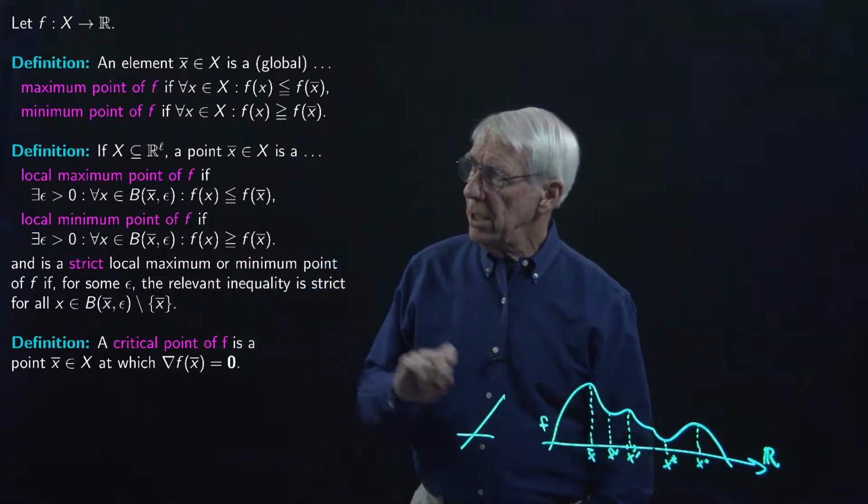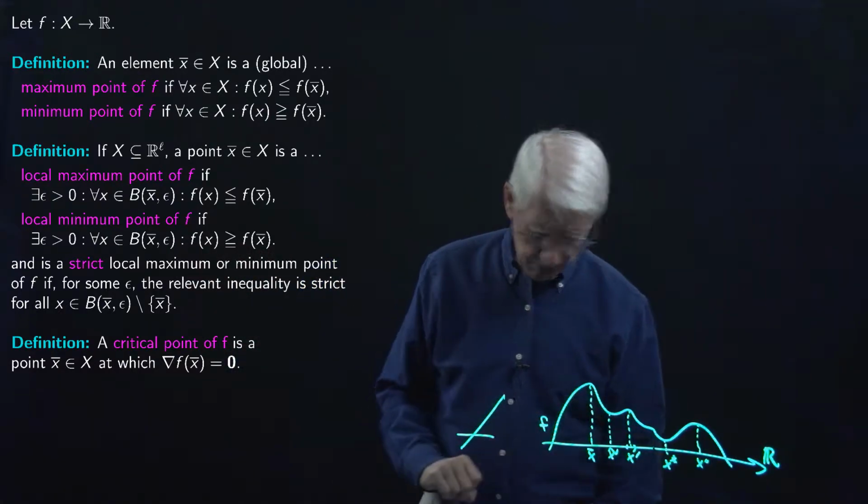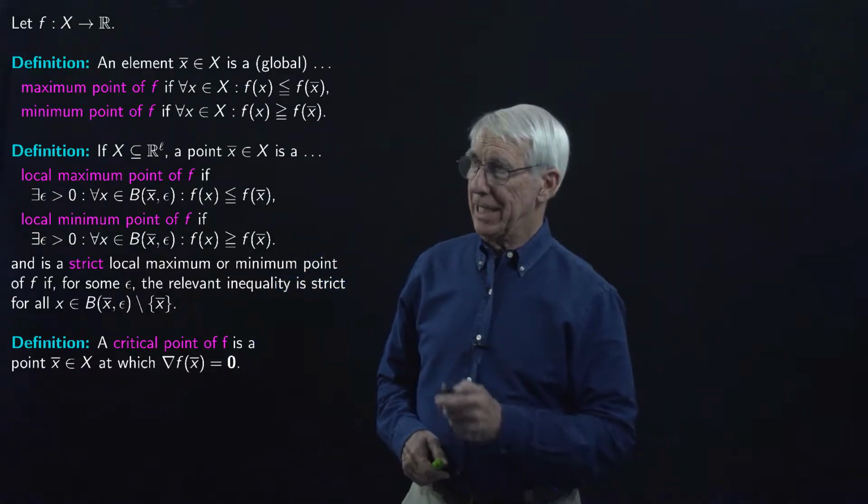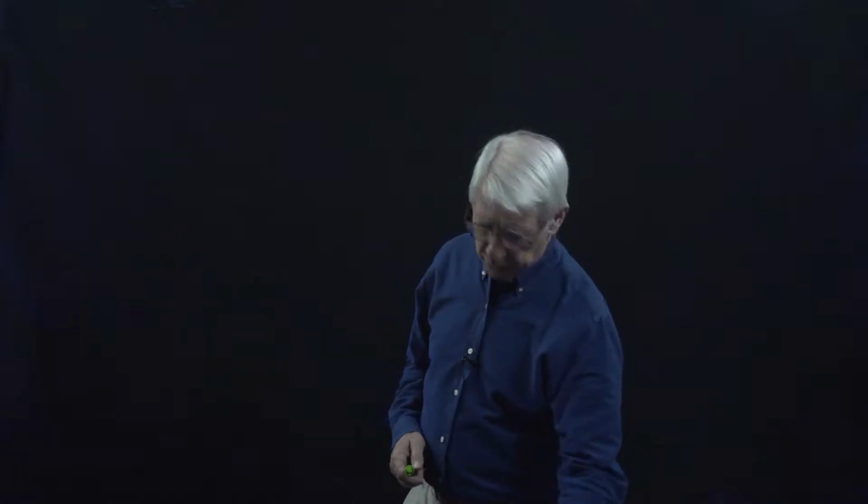So let's do that now, but let's take these little pictures off first. Okay, let's get started with working out some of our necessary and sufficient conditions for a point to be a maximum point or a minimum point.